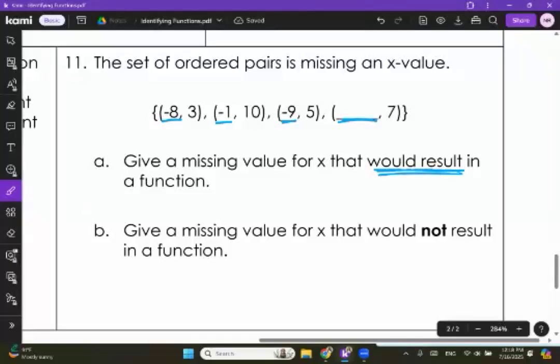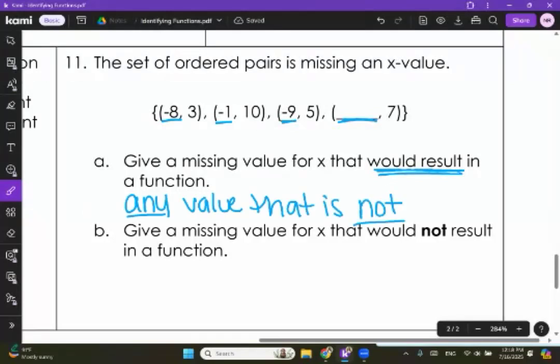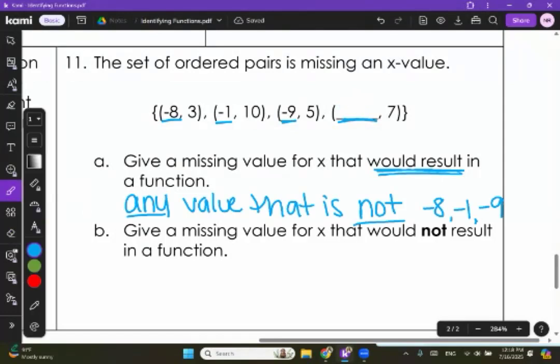There's so many numbers I can add. So with this one, I would just say any value that is not -8, -1, or -9. If I put a -8 here, it's going to repeat. If I put a -1, it's going to repeat. If I put a -9, it'll repeat. So you just want to put in any value that is not those.